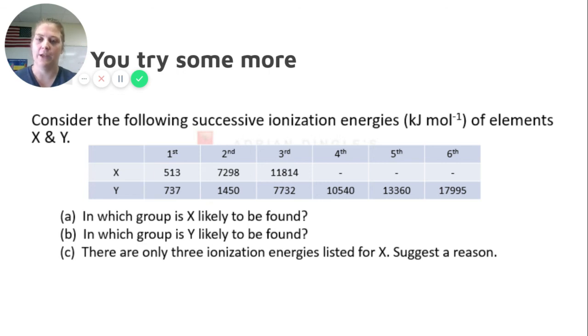For element Y, you can see the first through six. So in our first question here, we're going to answer question A. In which group is X likely to be found? And for the group, you can put what we call it or the group number. For B, in which group is Y likely to be found?